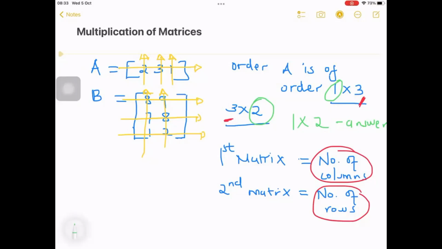Then number 2, so that after you do the multiplication you'll be fairly certain that your answer is correct, you check the number of rows in the first matrix and the number of columns in the second matrix. Here we have 1 and 2, and therefore our answer should be a 1 by 2 matrix, even without doing the multiplication. All right, so let's go to the multiplication.